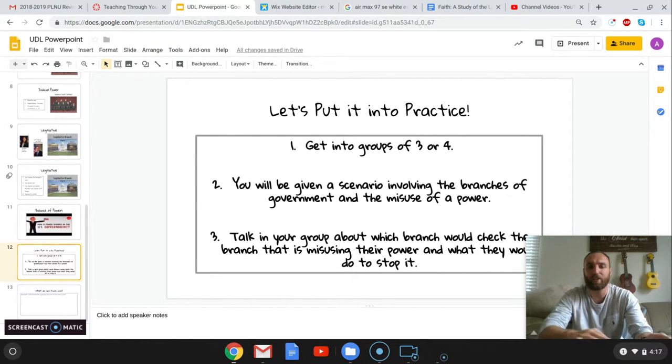How would one branch check the other if the time came? And so you can come up with your own hypothetical scenarios, or we'll be able to post some hypothetical scenarios for you to be able to discuss. But it's a good way to kind of test, how would this really work if something really happened?